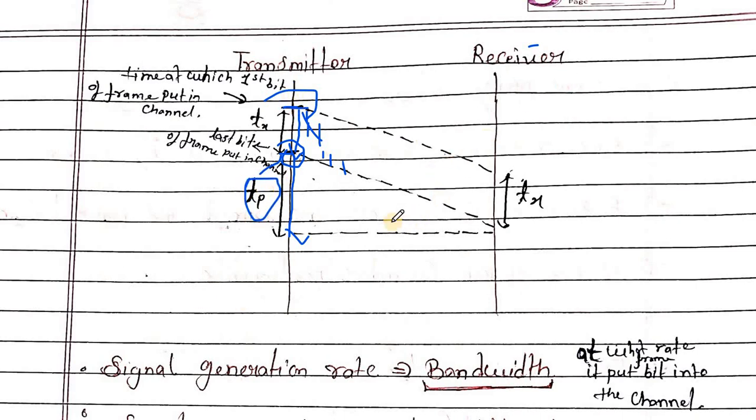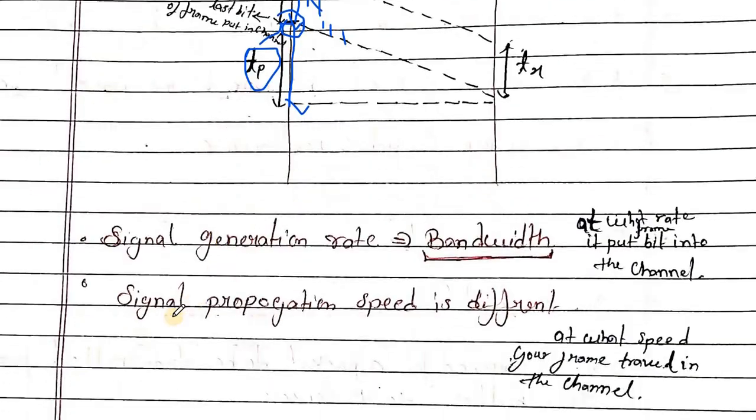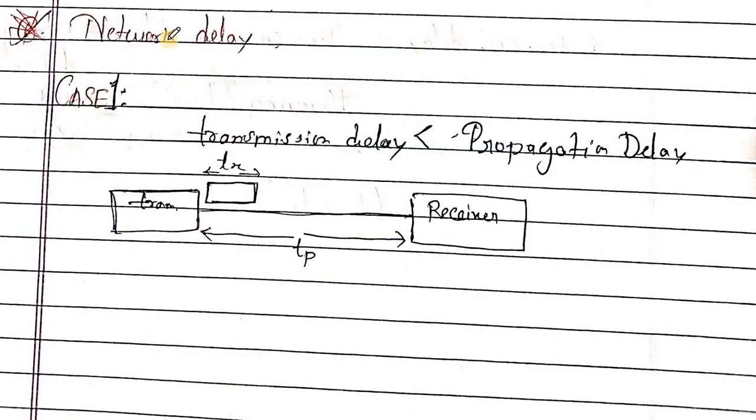Diagram for transmission delays from transmitter to receiver end. Here are the cases of network delay.